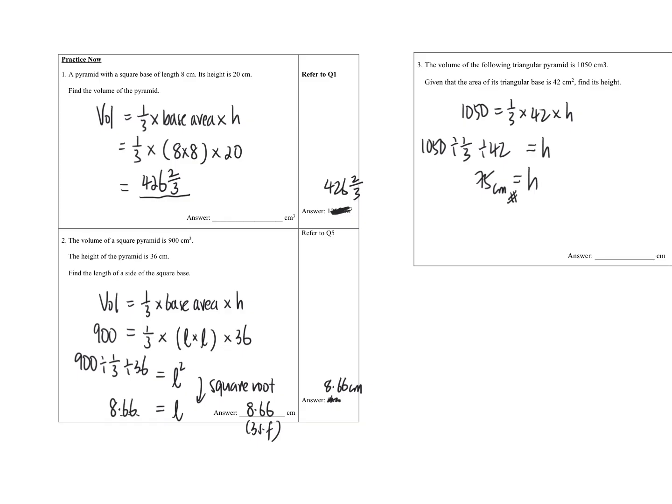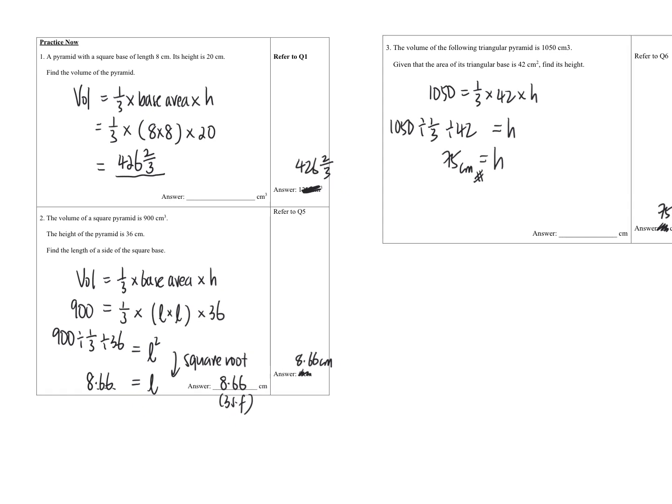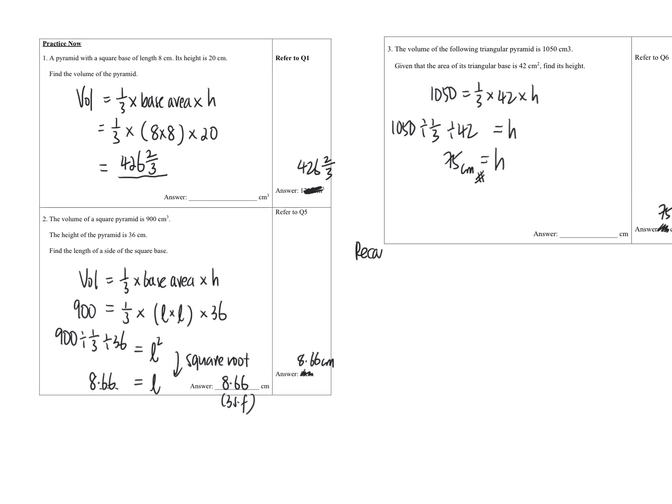Okay, so take note, 10.1 is done. It is about pyramids. Let me just recap. A pyramid can have a square base, a triangular base, any kind of base you can think about.